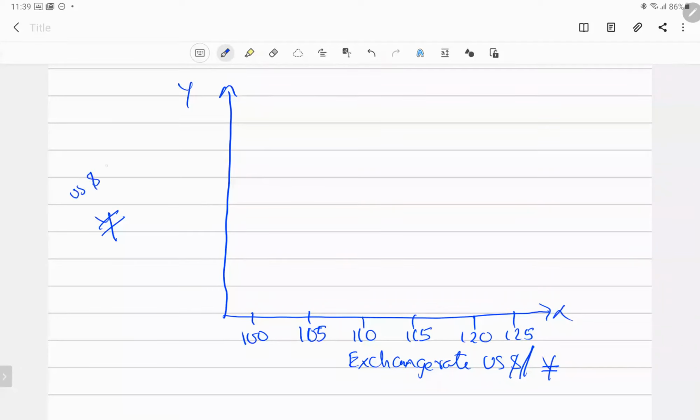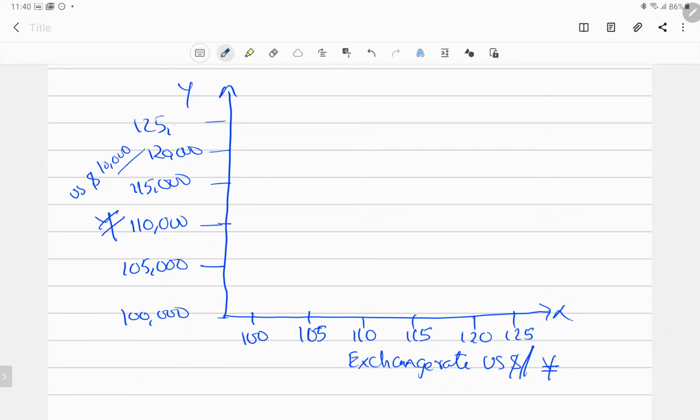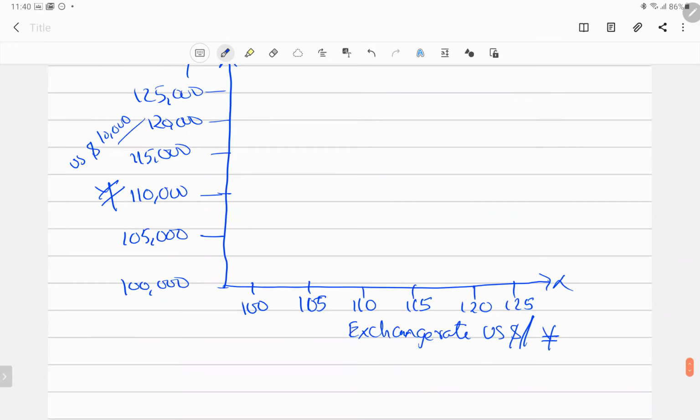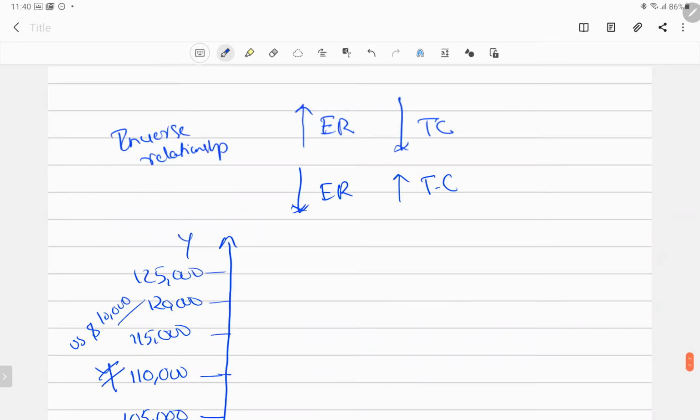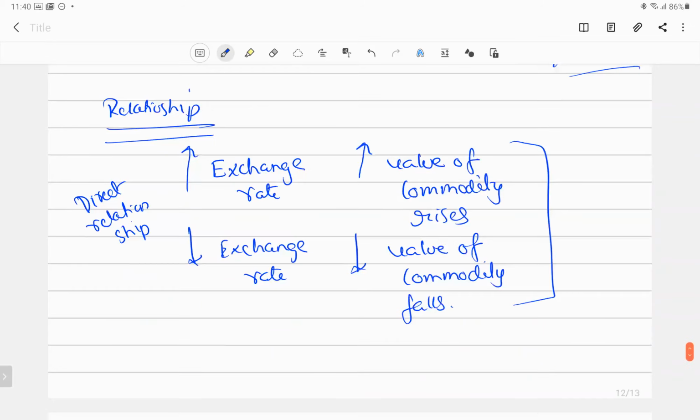And in the same way I put it here, yen per US dollar, in 10,000 or whatever it is, just for example purposes, nothing to worry about that. Then 105,000, 110,000, 115,000, 120,000, then 125,000. When we talk about the direct relationship, when the exchange rate rises, the value of commodity also rises.